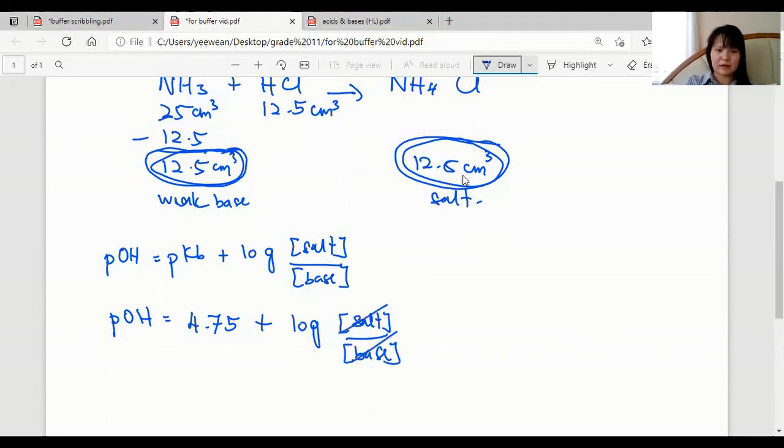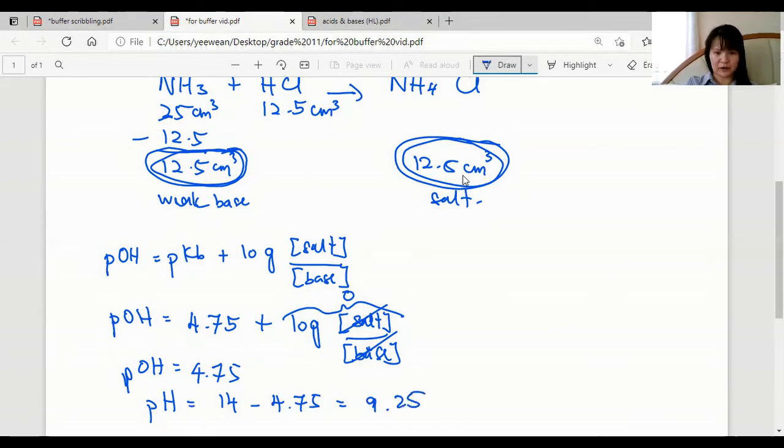So log 1, anytime you have the same value here, it will be log 1. Log 1 is always 0, so 4.75. So what's my pH then? Just take 14 minus that, and I have the answer here, 9.25.